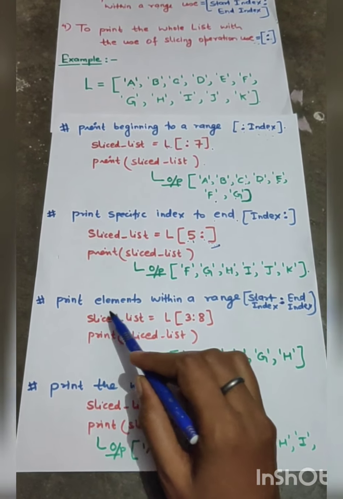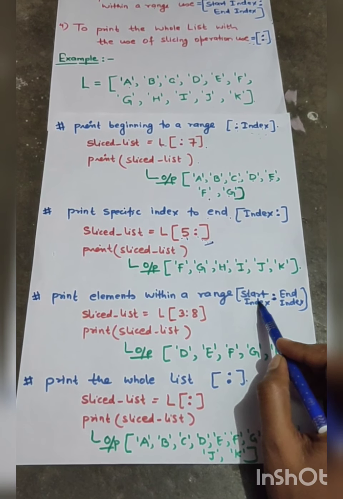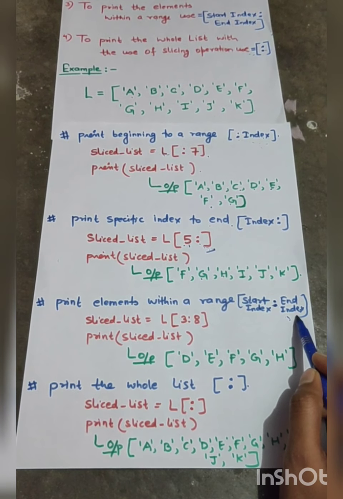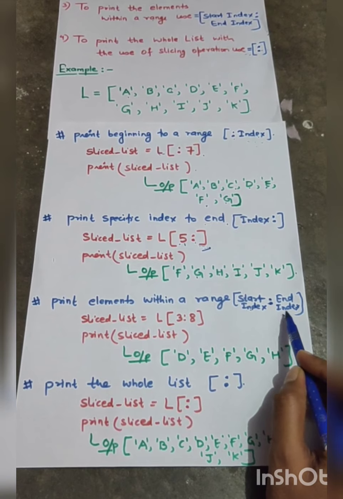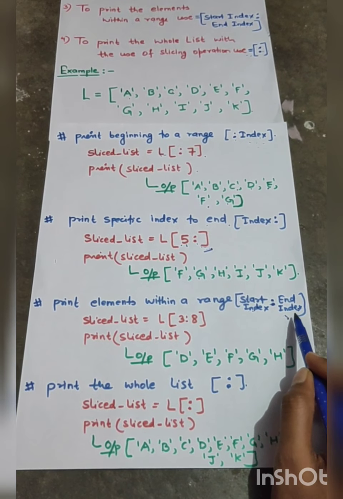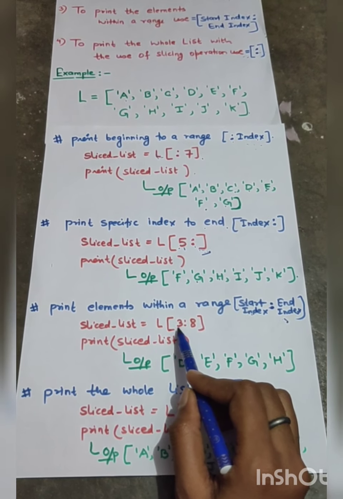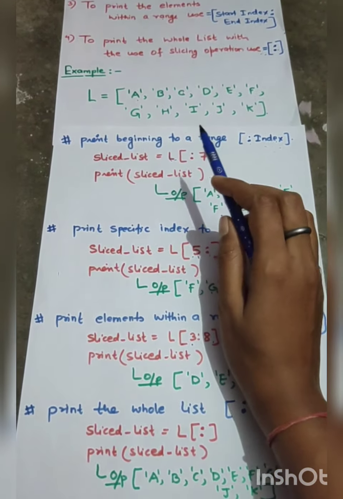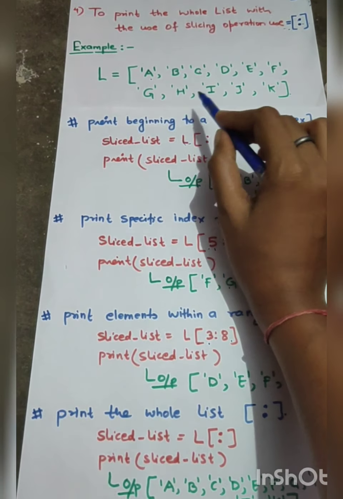The third one is print elements within a range. So start index colon end index. Here you will give the index values. If you want to print from start to end, it will go to end minus 1. Like here you want to print the elements from index 3 to 8. So 0 1 2 3 4 5 6 7 8.